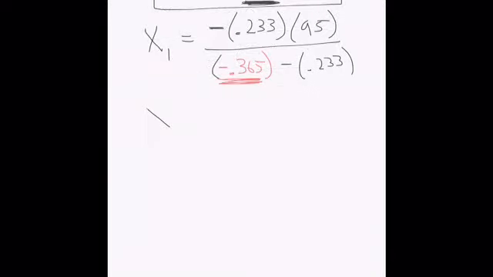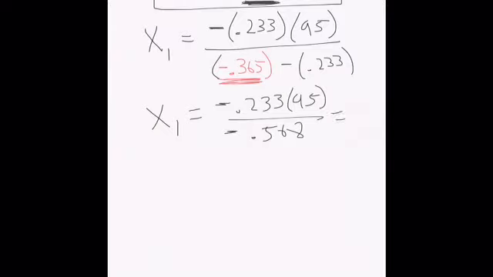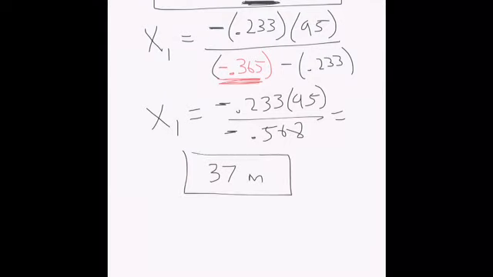So for x1, we have negative 0.233 times 95 divided by this, which is negative 0.568, and that should give you 37 meters. This should be your answer, more or less, depending on how you round it.